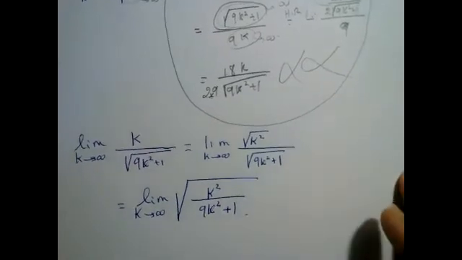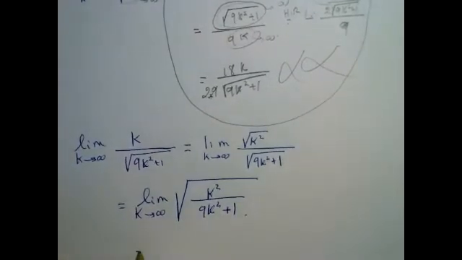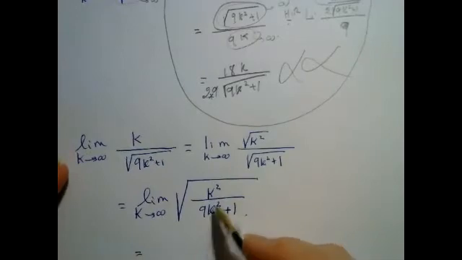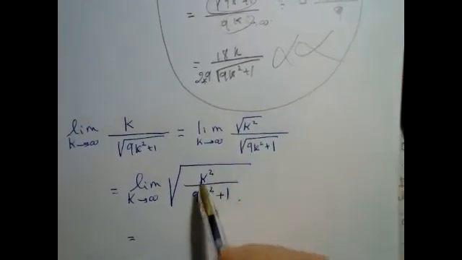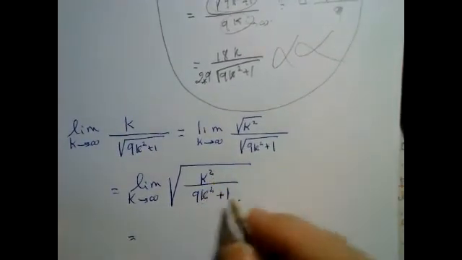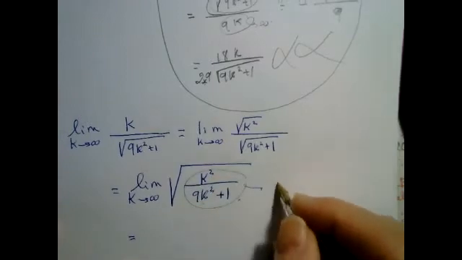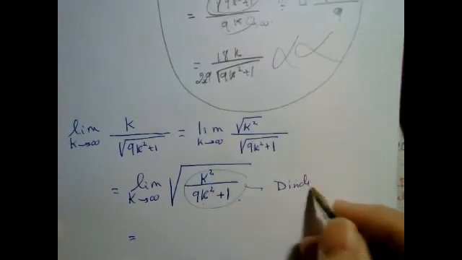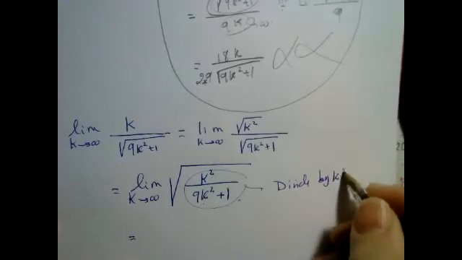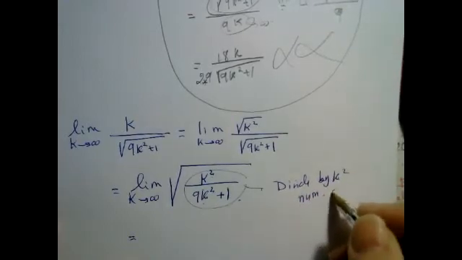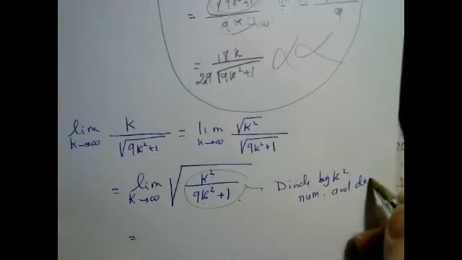Now at this stage, this is infinity over infinity, but I know how to do this piece. I can divide by K squared both sides. So here we're going to divide by K squared, numerator and denominator.